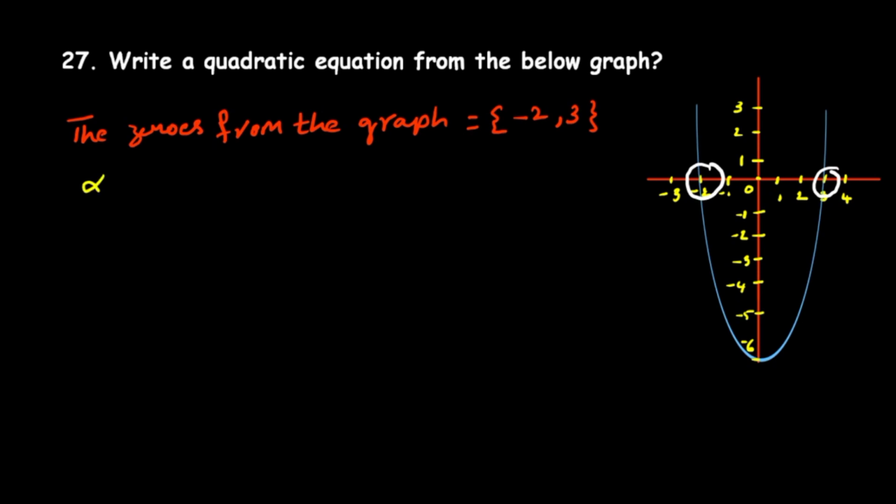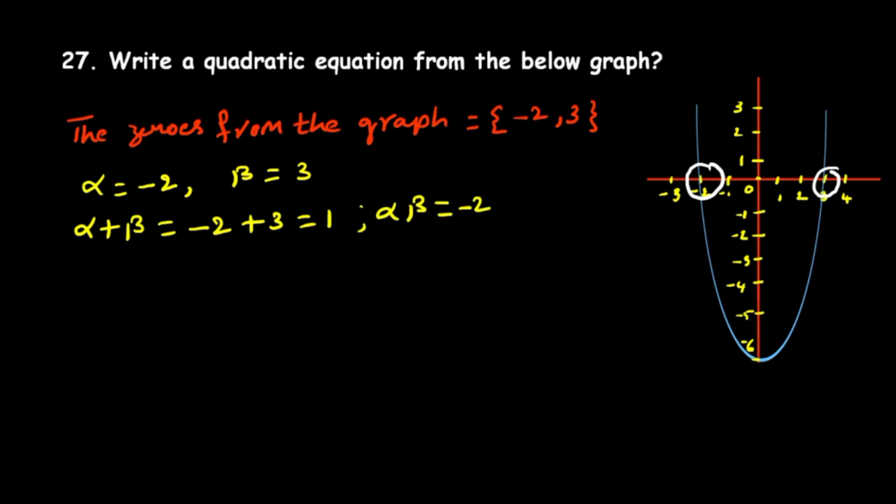That means alpha equals -2, beta equals 3. So as usual, what we do? Take alpha plus beta, meaning -2 plus 3, that equals 1. What is alpha into beta? This is -2 into 3, equal to -6, okay?